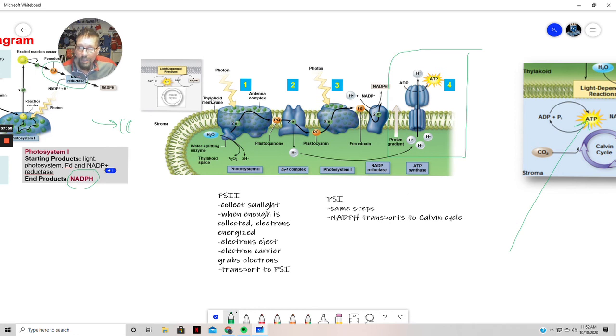And the cell, I just thought about saying this, the cell did all of this, and guess how much of its own energy it used? None. The sunlight supplied all of the energy. And we talked about that in the first video.